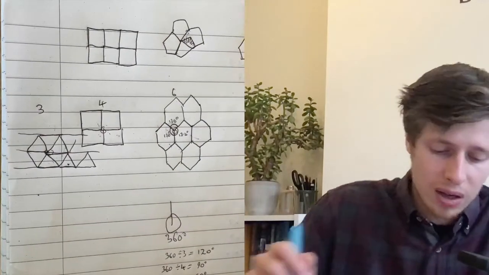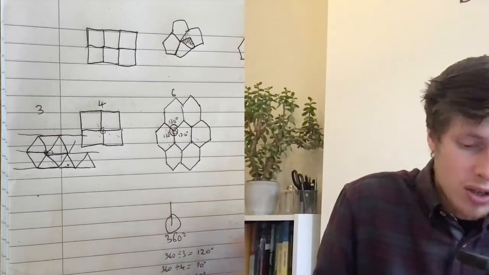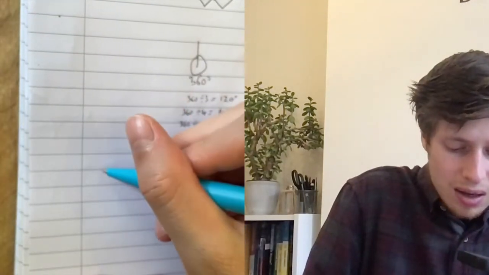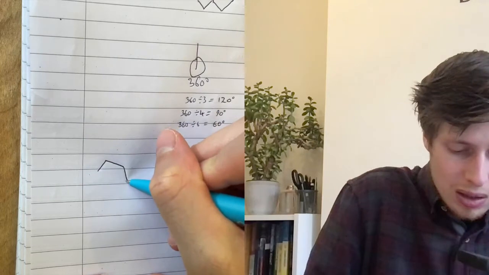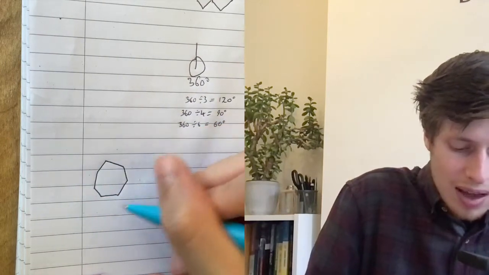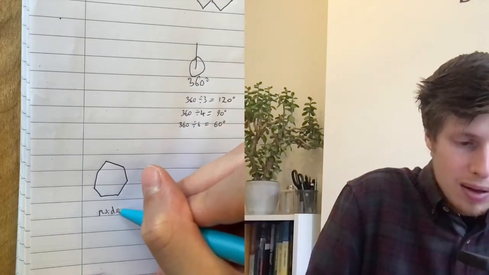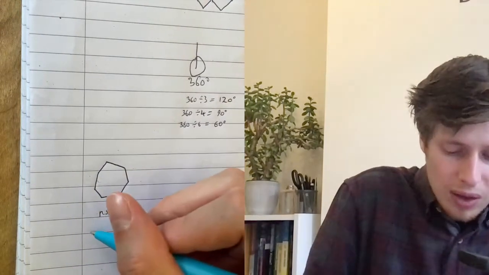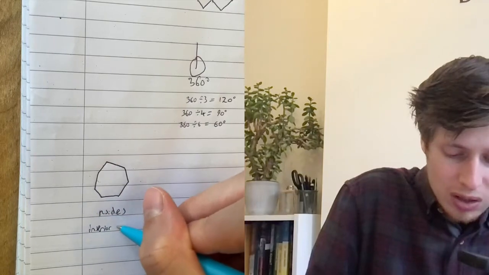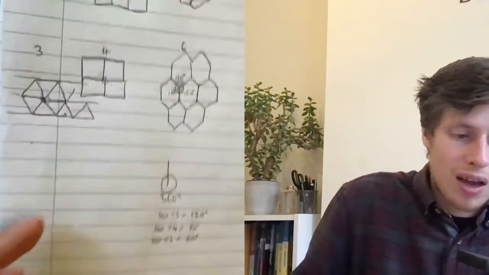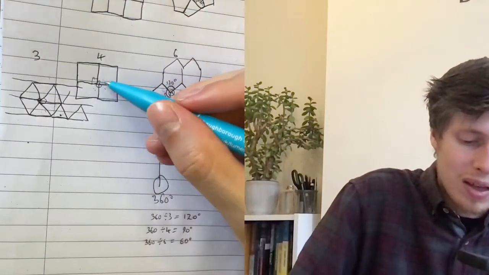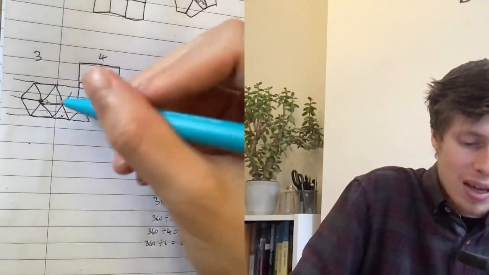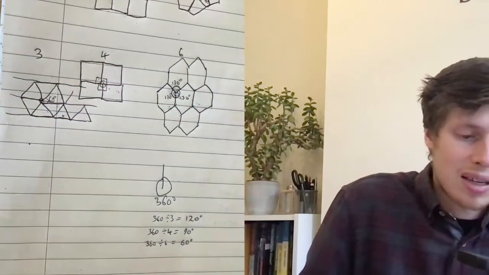Now, what we can use is the fact that when you have a shape, let's say that it has n sides. I'm just going to draw a random shape, but pretend that it has n sides, where n is a whole number. That's how many sides it has. The interior angle, which is the angle we've been looking at so far, the angle in the interior of the shape, so 90 degrees in this case, 120 degrees in this case, 60 degrees in this case.